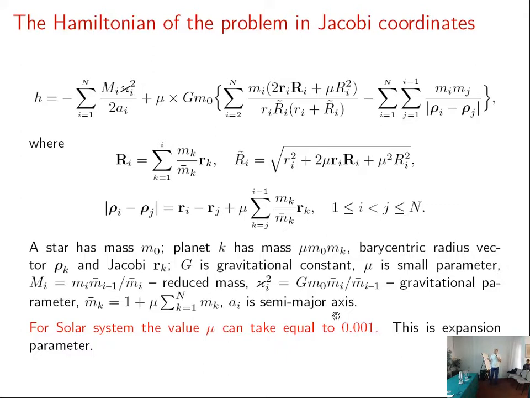The double sum is the main part of the disturbing function and the single sum is the second part of the disturbing function. The quantity denoted as mu is a small parameter of the problem. It is the ratio of the sum of planet masses to the mass of the star. For the solar system, the value of mu can be taken equal to 1/1,000. It is the expansion parameter.